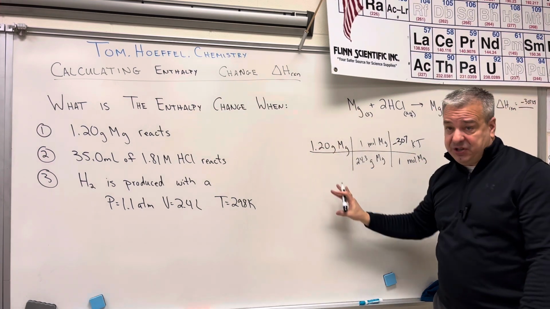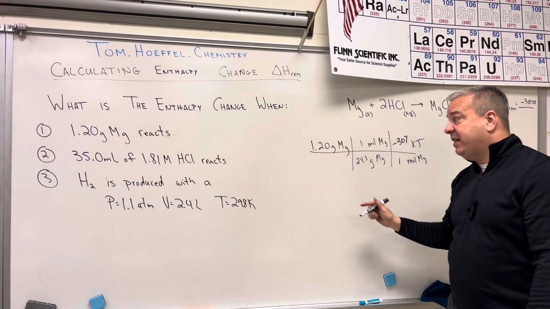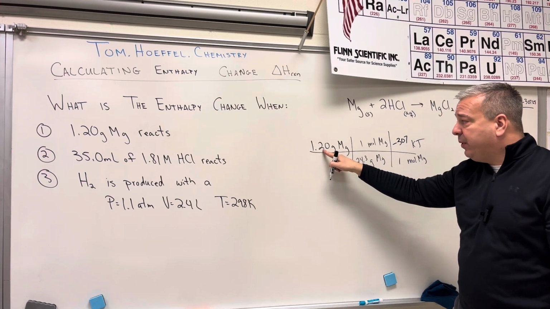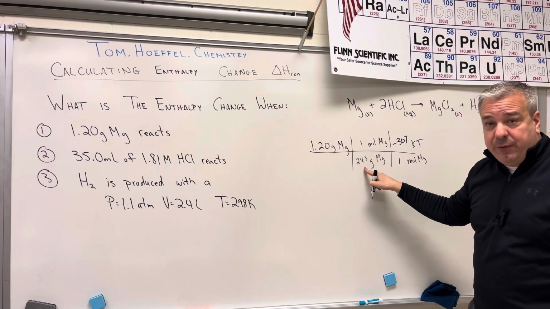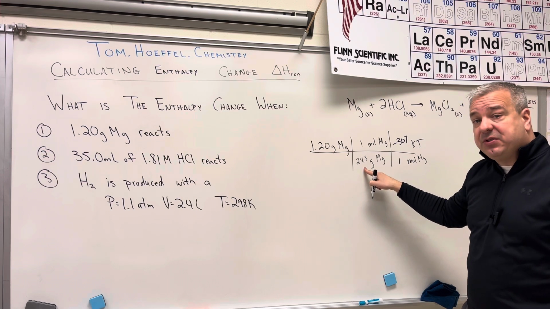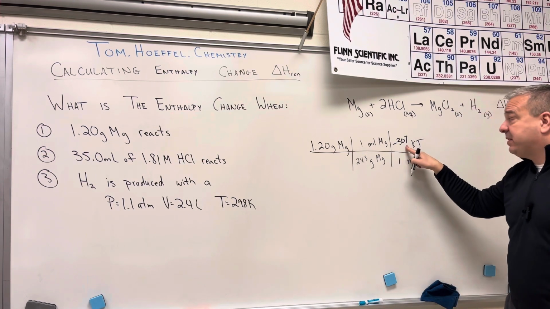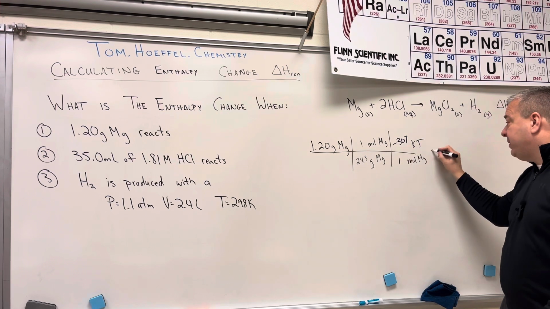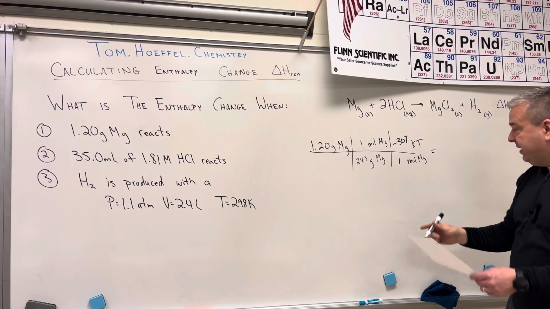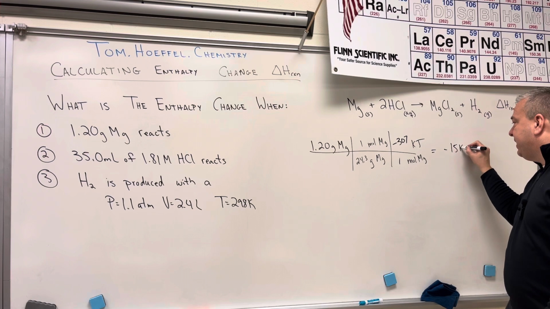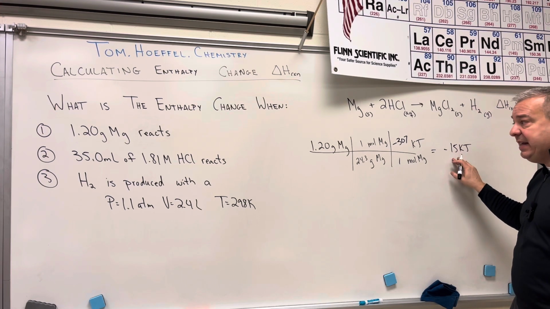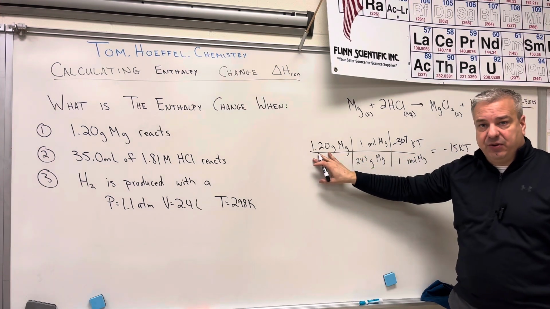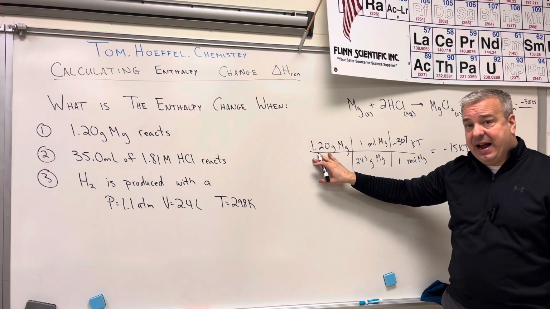Now, this is a portion of 1 mole, so let's go ahead and figure this out. 1.20 divided by 24.3 will tell you how many moles you have, and then multiplied by negative 307 will tell you that there's an energy change of negative 15 kilojoules of energy that's released when 1.20 grams of magnesium reacts.